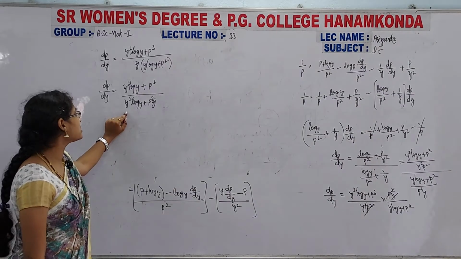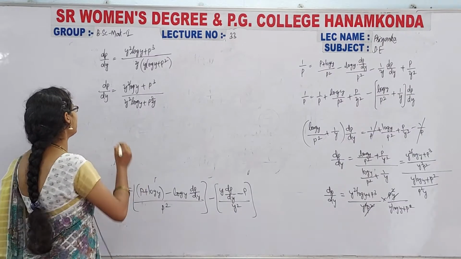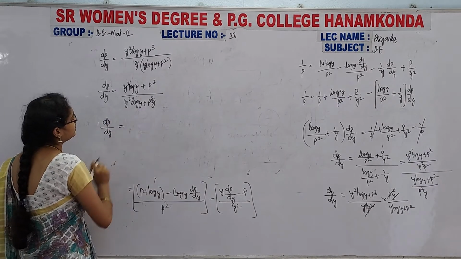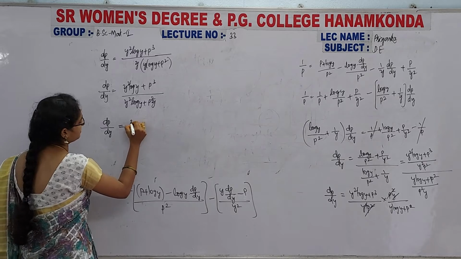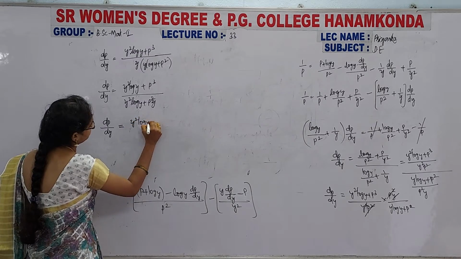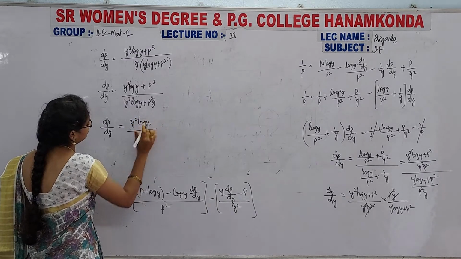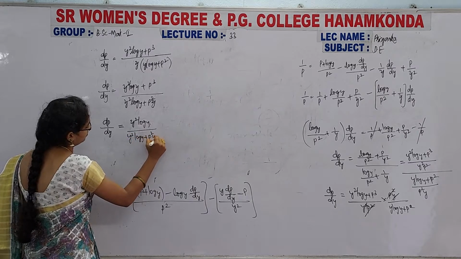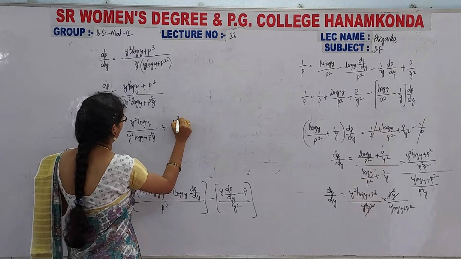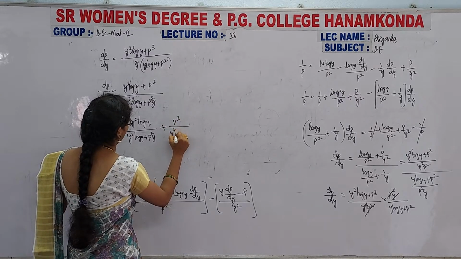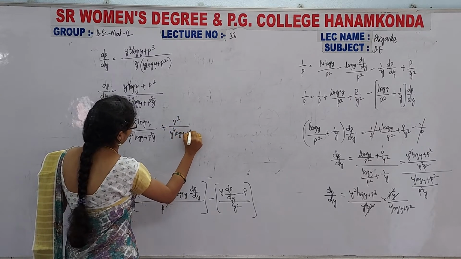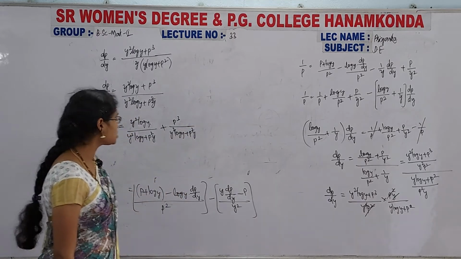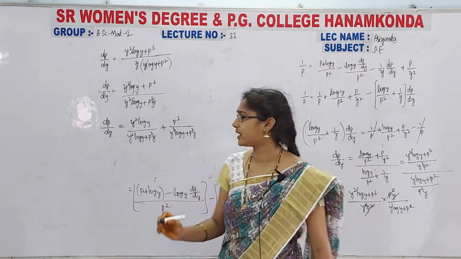And it is not possible to split either. So dp by dy equals y square log y by this one, and p square y. So by using this concept also we cannot calculate, right?